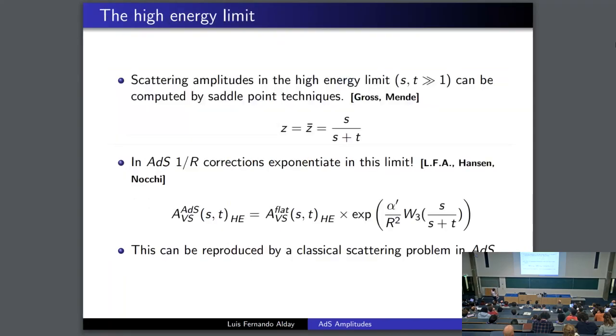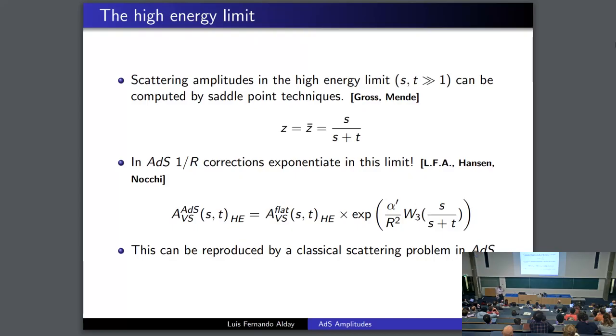And in the high energy limit, this was analyzed by Gross and Mende in their classic papers, and it turns out that the whole worldsheet integral localizes to this point z-bar equals S over S plus T. And it turns out that, as we saw in this paper, in AdS, 1 over R corrections exponentiate in this limit.